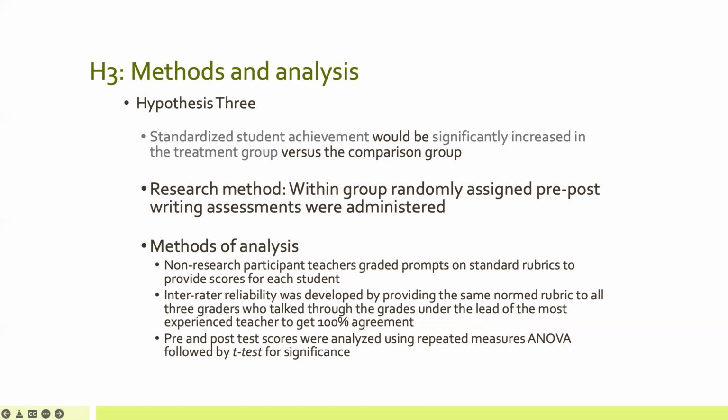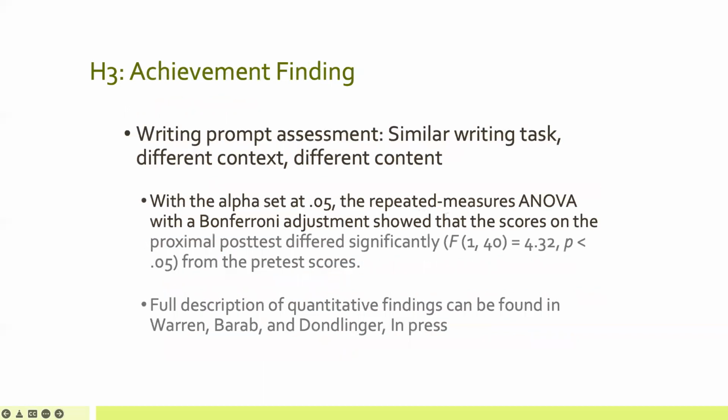Now, mind you, this was after only 7 uses of Anytown. And what we found is that with an alpha set at 0.05, the repeated measures ANOVA with Bonferroni adjustment showed that scores on the proximal post-test differed significantly from the pre-test scores.